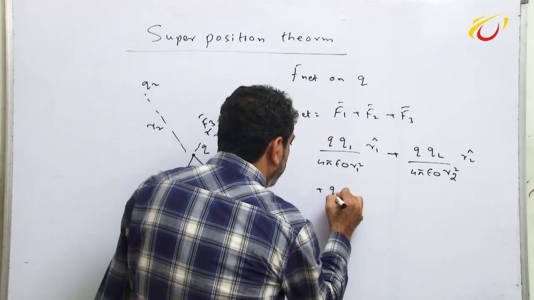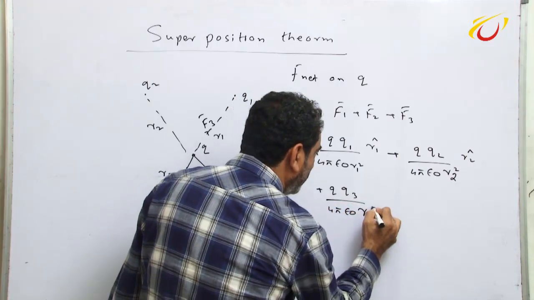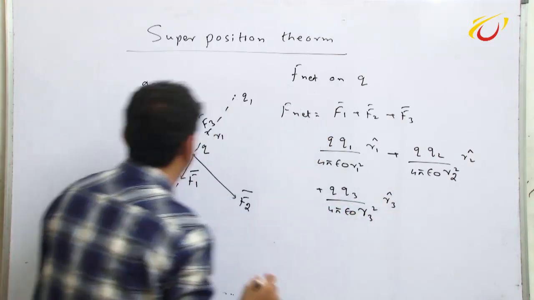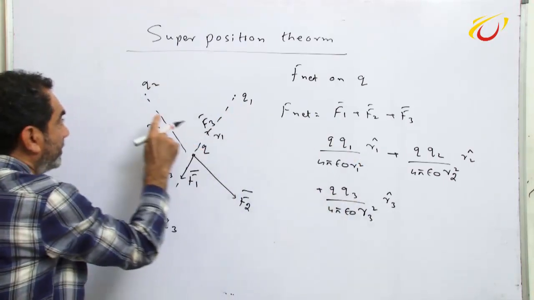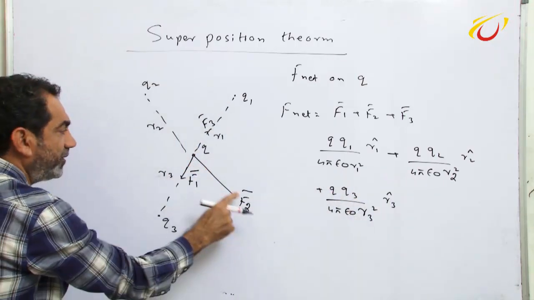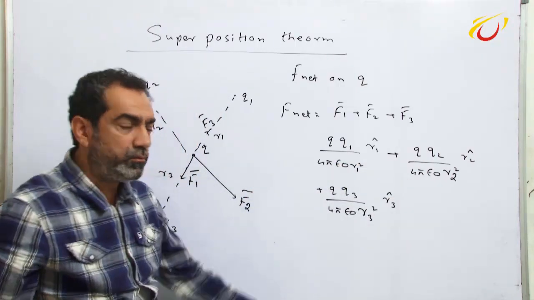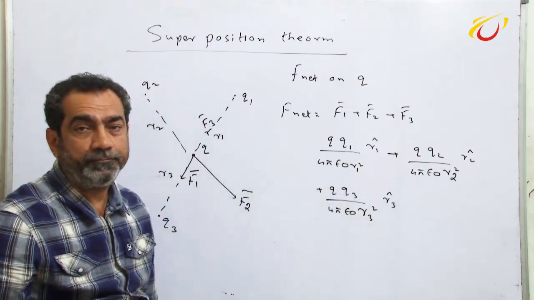Then Q Q3 over 4 pi epsilon R3 square, R3 cap. Have a look: first pair, second pair, third pair. Don't forget to put the bar as the vector sign.